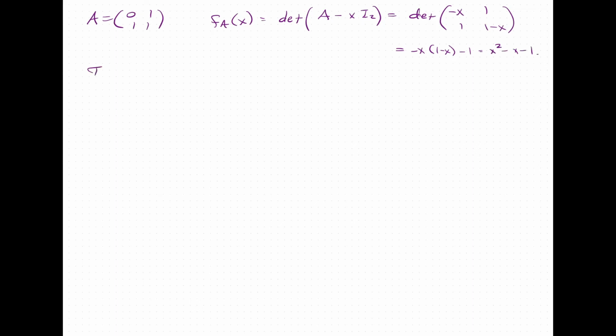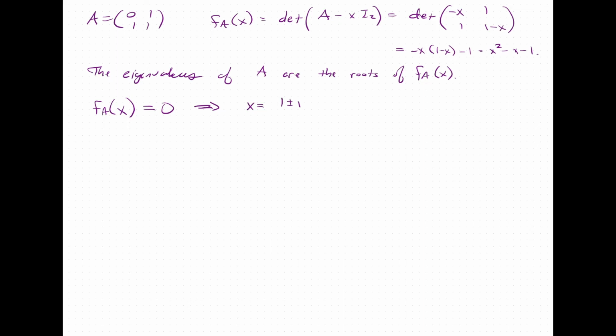The eigenvalues of A are the roots of the characteristic polynomial. You can verify that via the quadratic formula, if you find the roots of the characteristic polynomial, this will imply that x is equal to 1 plus or minus root 5 over 2.